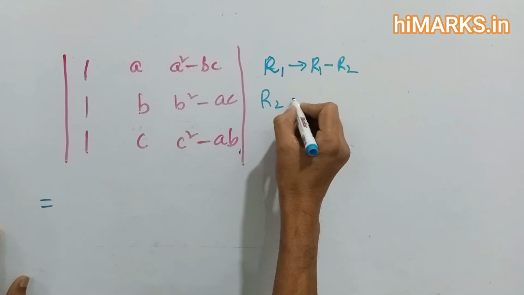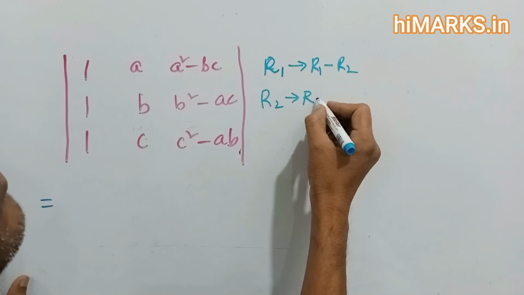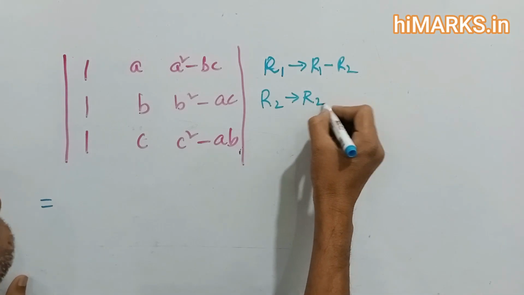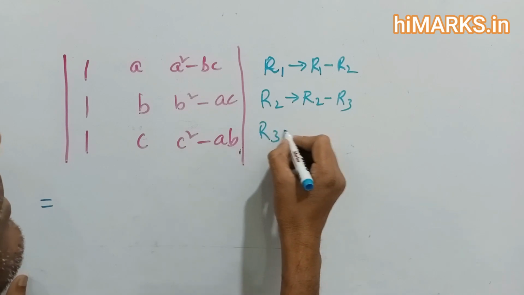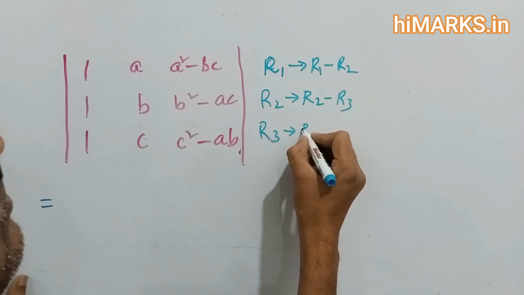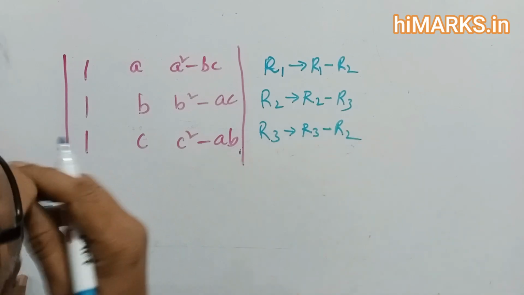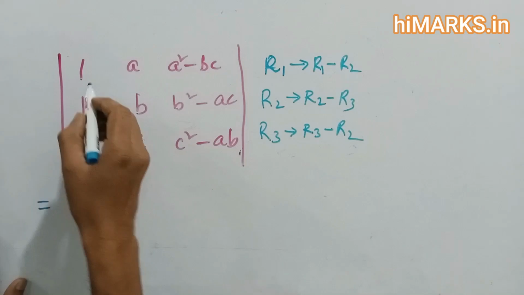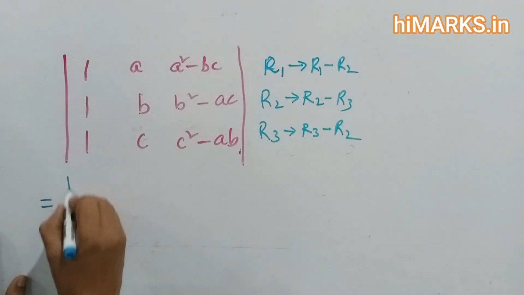New r2 will be r2 minus r3, and new r3 will become r3 minus r2. Okay, so then what will happen is that if you subtract this thing, let us do that.